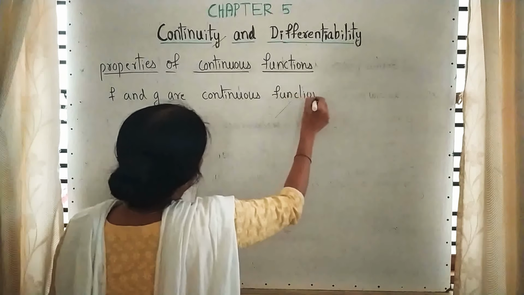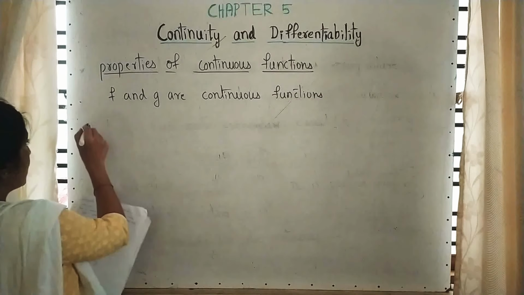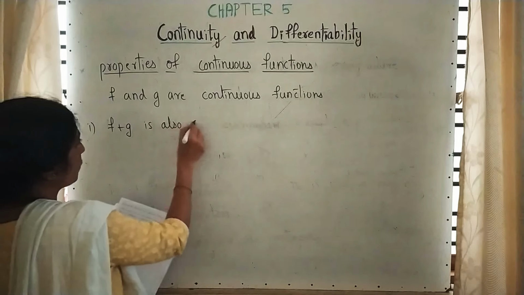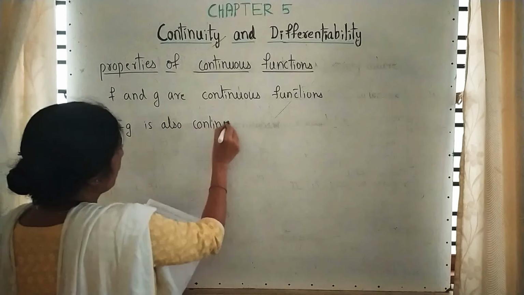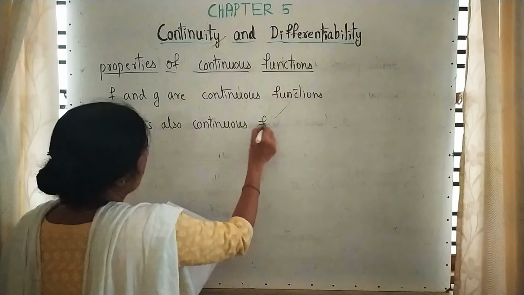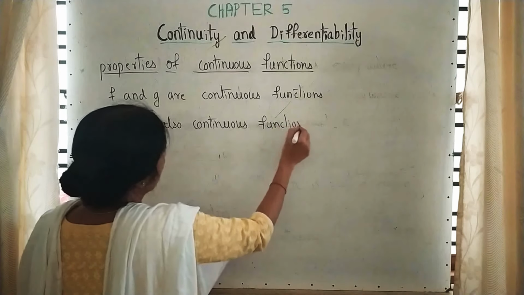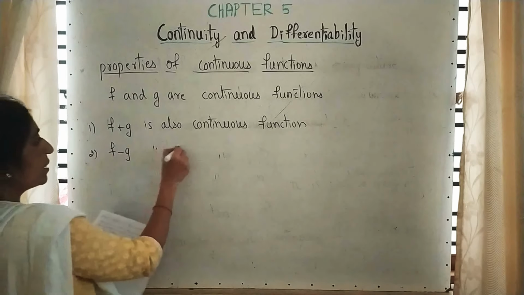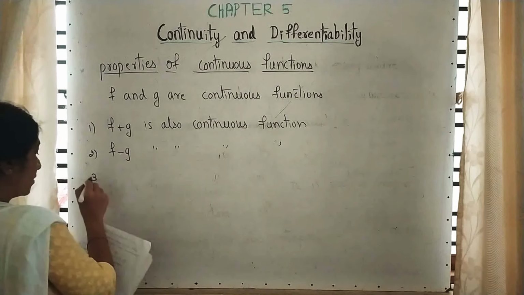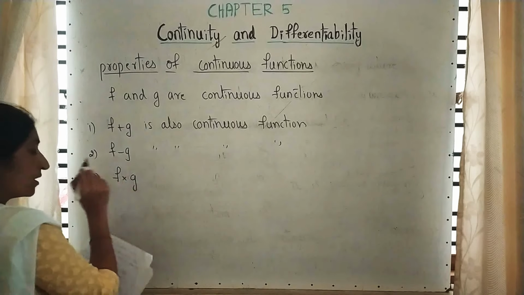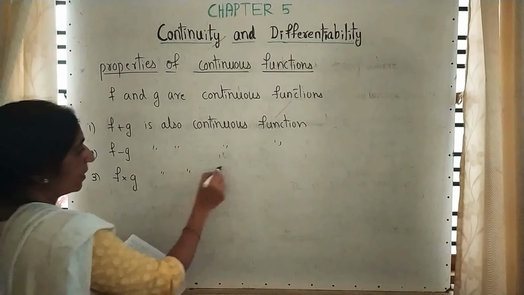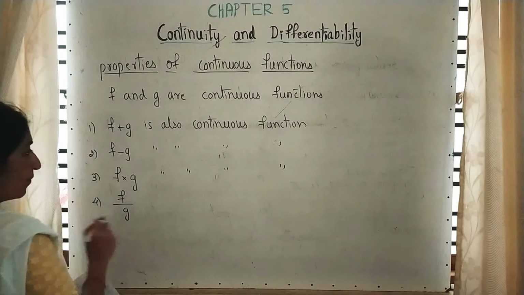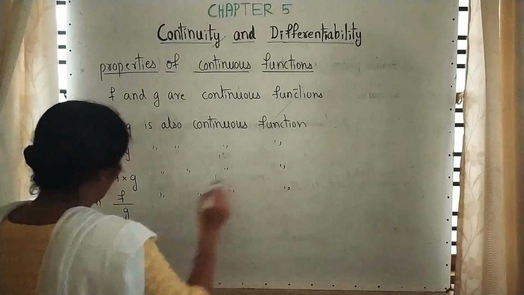First one, their addition f plus g is also a continuous function. Second one, their subtraction f minus g is also a continuous function. Third one, their product f into g is also a continuous function. Fourth one, their quotient f upon g is also a continuous function.